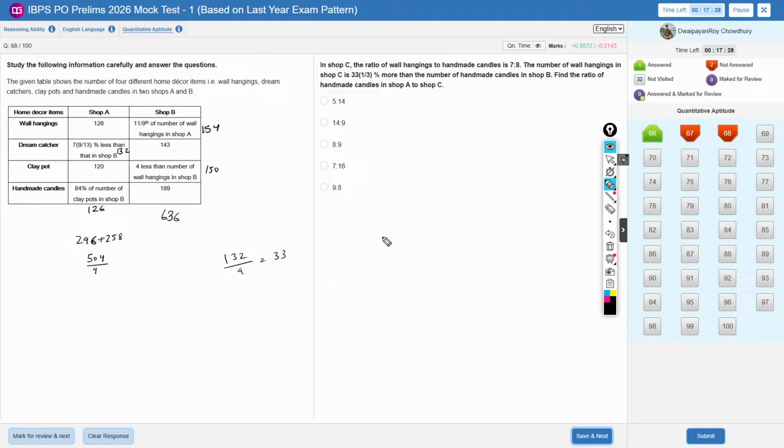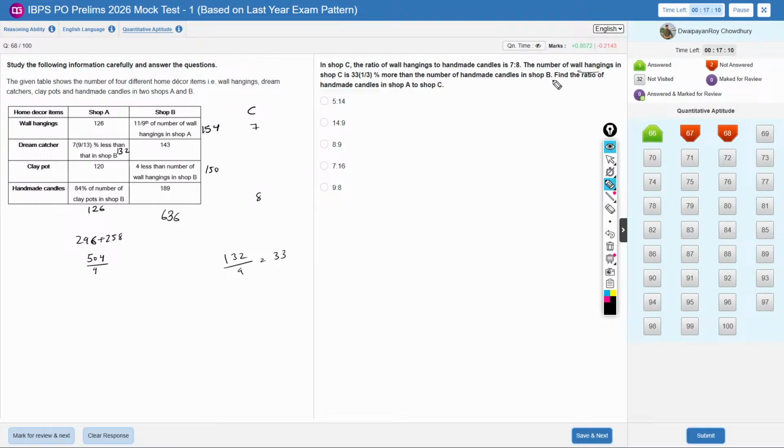The ratio of wall hanging to handmade in shop C is 7 to 8.